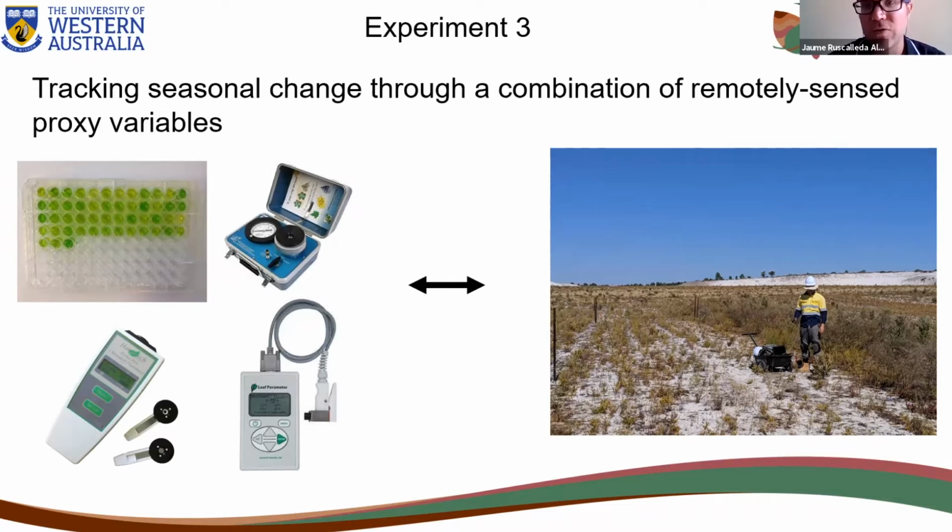And at the same time, we took the remotely sensed measures and we tested whether those proxy-derived variables are able to inform of this seasonal change reasonably well in comparison to the traditional ecophysiological methods.